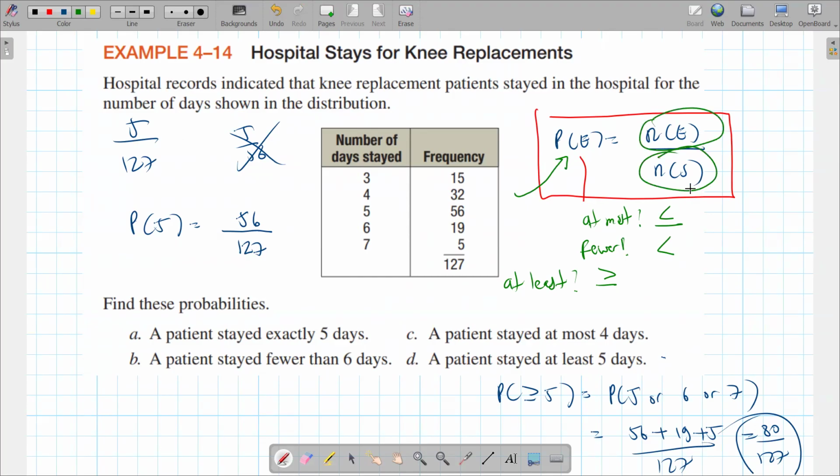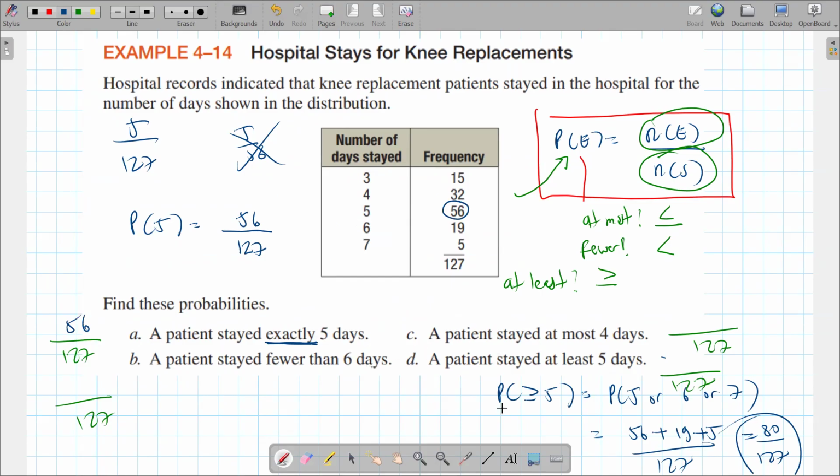The denominator for all the questions is always the same. So for A, B, C, D, every single time you're doing over 127, right? Now, the only thing you need for all four of these questions is the numerator. And the first one says exactly, so you don't even have to worry about adding anything else. So for the first one, that's why it was 56 over 127.